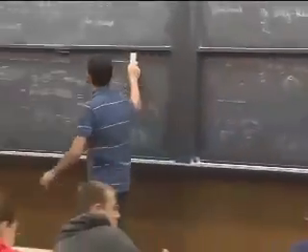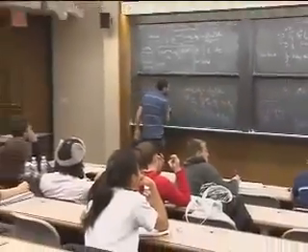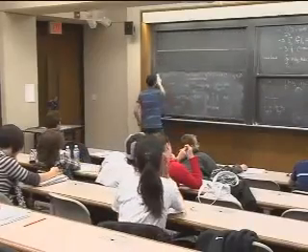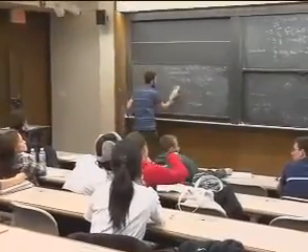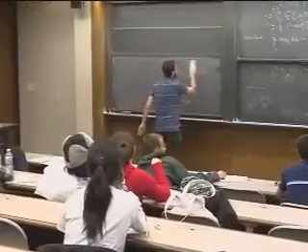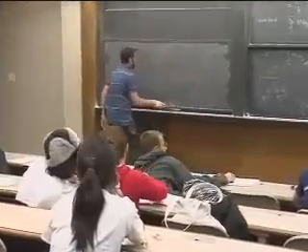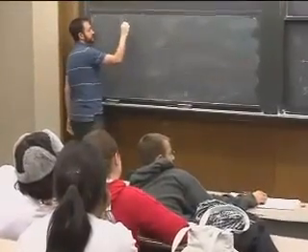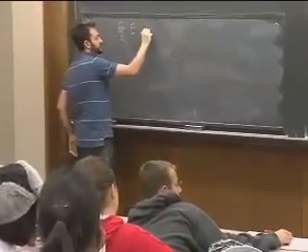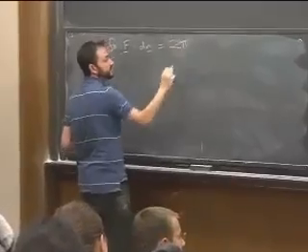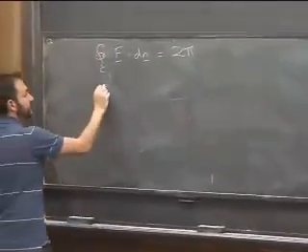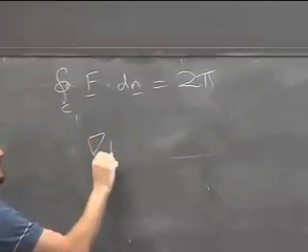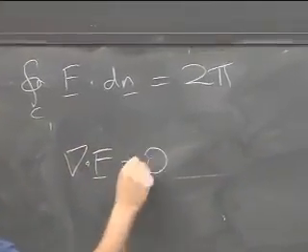Now, the third part, but actually even before I do the third part, I just want you to observe something. The first part we computed that the integral of f dot n was 2 pi, and we did it directly. In the second part, we computed the divergence of f everywhere, and it equals 0.